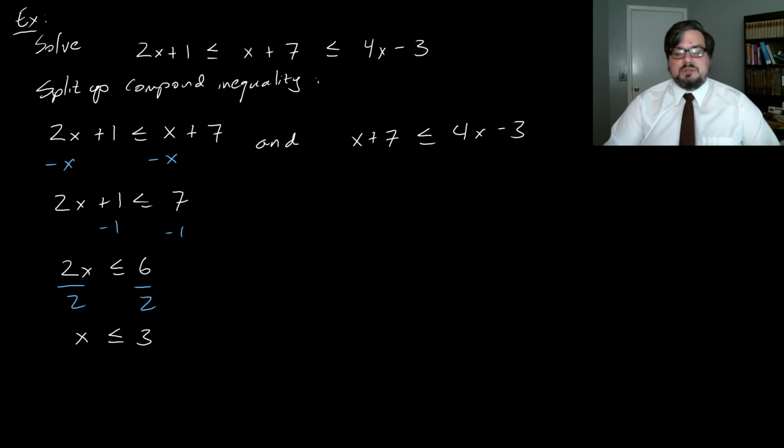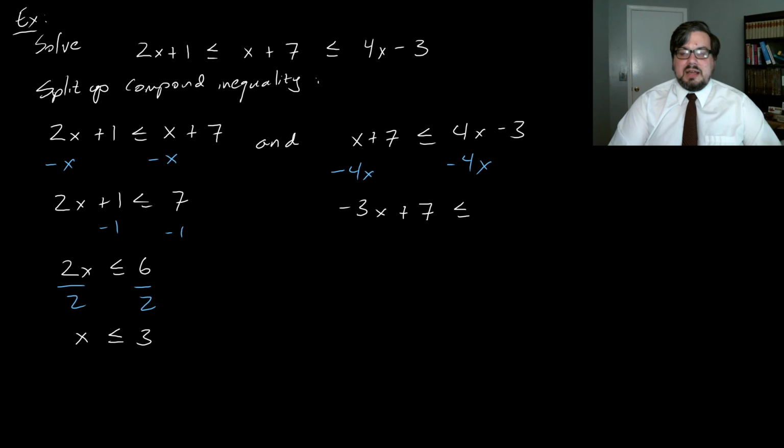So now let's go to the other one. Again, we'll try and get x by itself. I'll go ahead and subtract 4x from both sides to get negative 3x plus 7 on the left and negative 3 on the right. We'll subtract 7 from both sides to get negative 3x is less than or equal to negative 10.